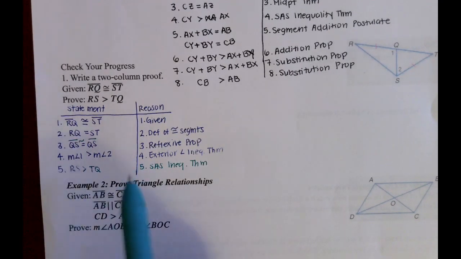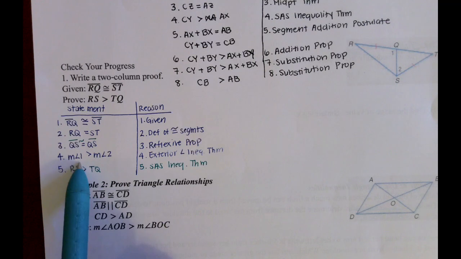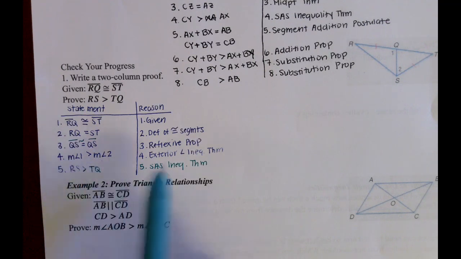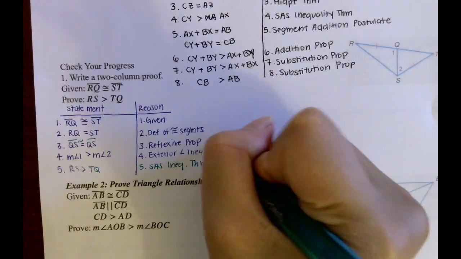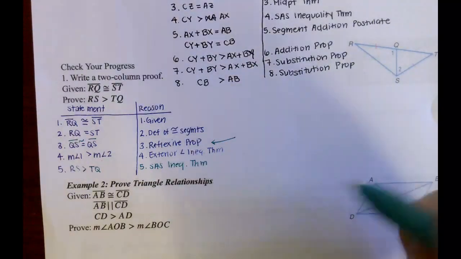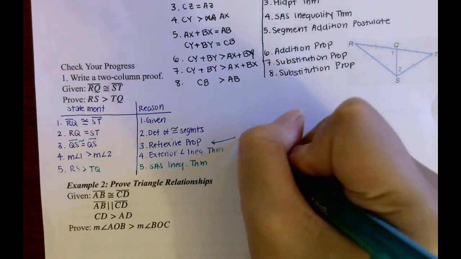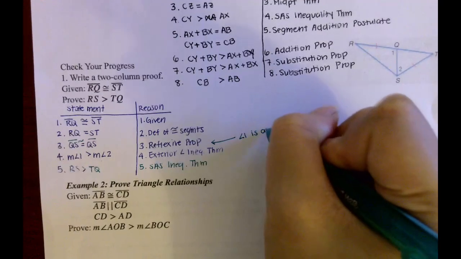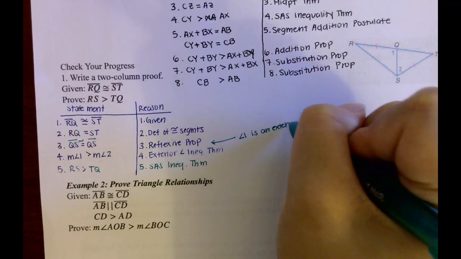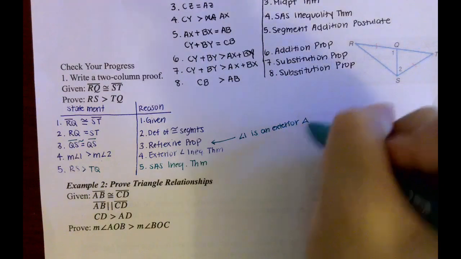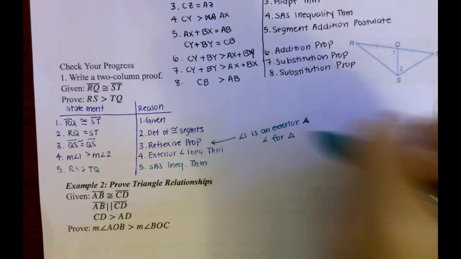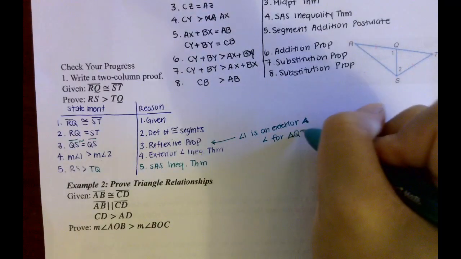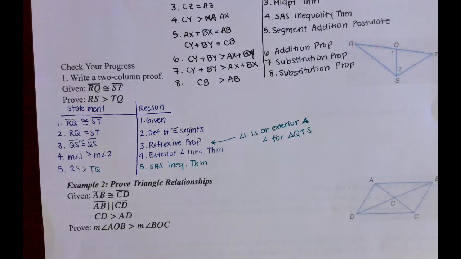Then I said that the measure of angle 1 is greater than the measure of angle 2. That's because of the exterior angle inequality theorem. The book inserted, prior to this step, a statement that angle 1 is an exterior angle for the triangle QTS, with the reasoning being the definition of exterior angle.